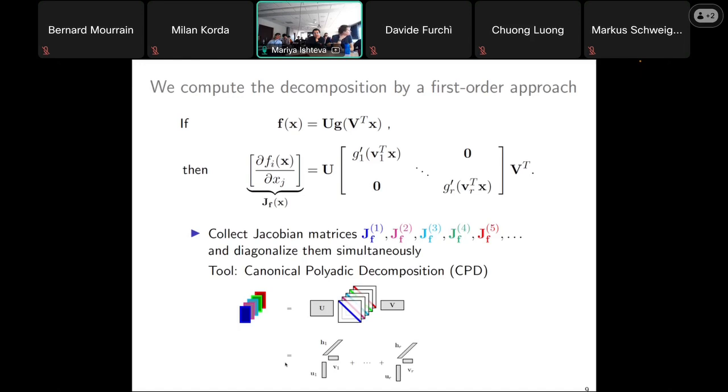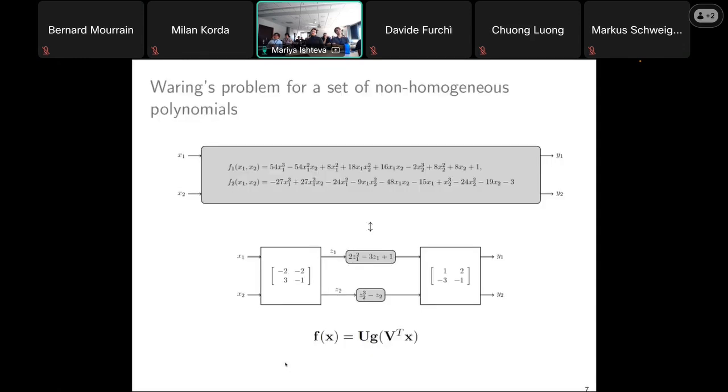So you sample the matrices. Yes, each Jacobian matrix is at a given point. But then U and V depend on the point. No, that's the beauty of it. They don't. And why? Sorry for asking. No, thank you for asking. So we are after this decomposition.